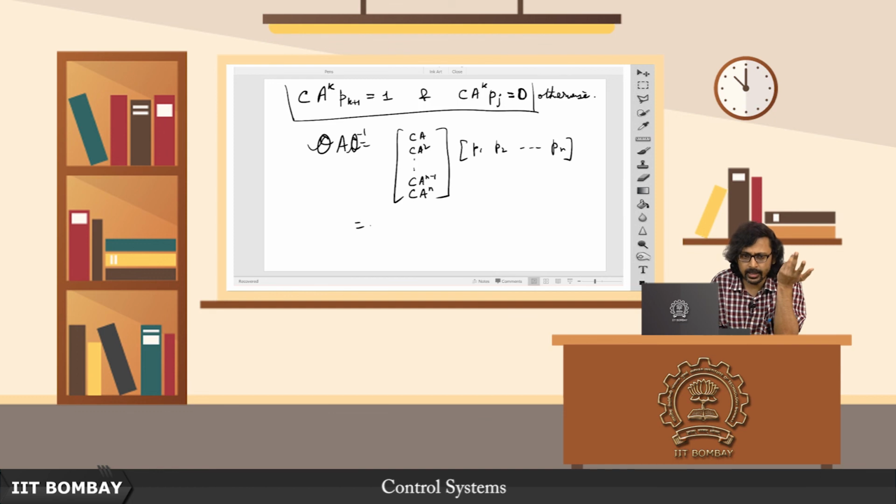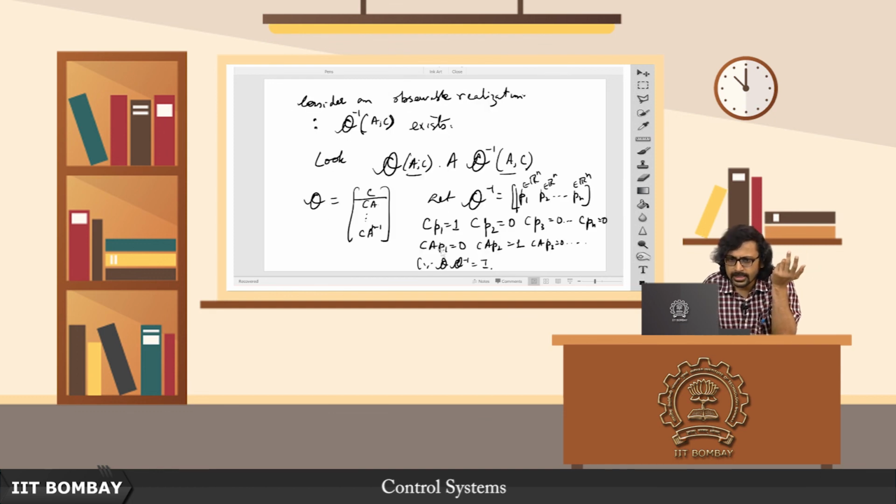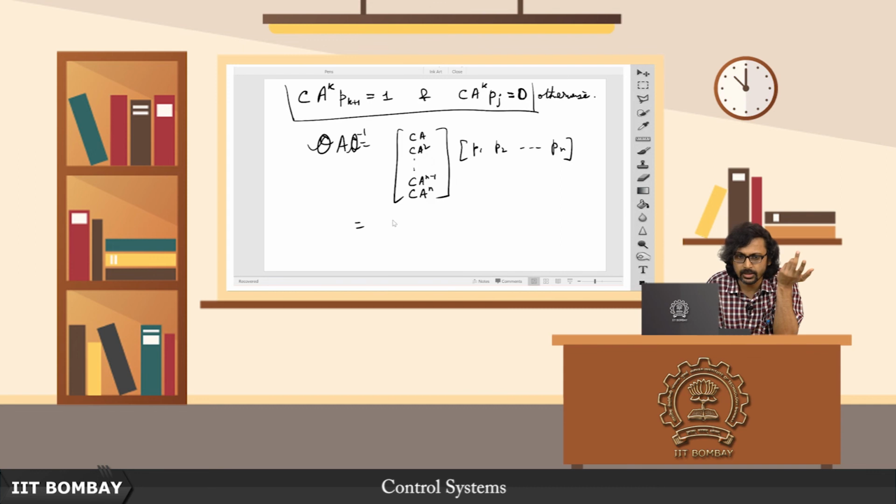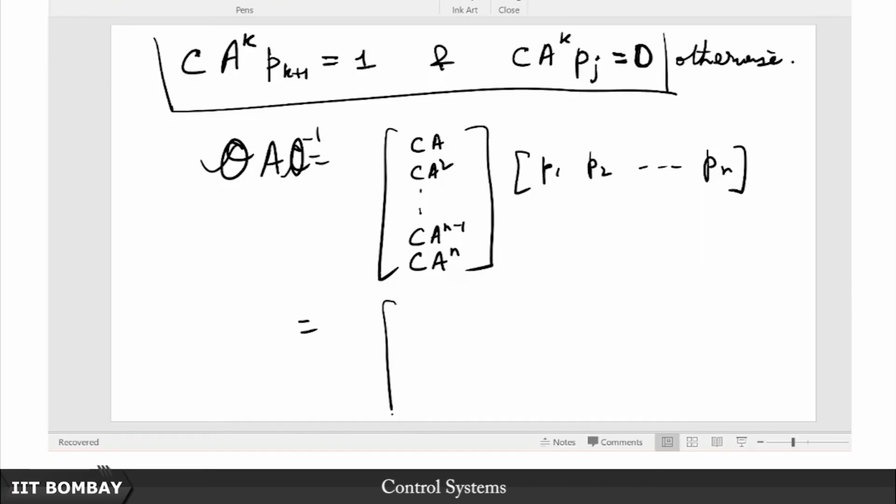So what is this going to be? I have already seen the structure. See, this Ca times P1 is going to give me 0, Ca times P2 is going to give me 1. So Ca times P1 is going to give me 0. So this matrix structure, I can say what it looks like. What does it look like?